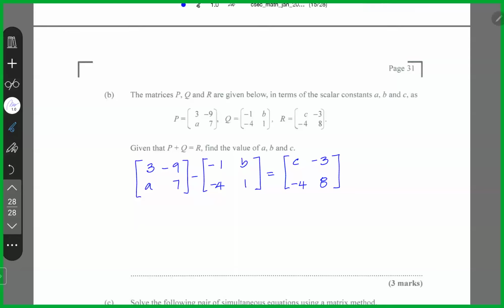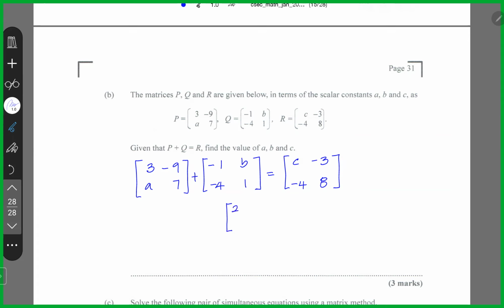So what we have to do is add the two matrices on the left. Now we add two matrices by adding corresponding elements. So 3 minus minus 1 is 4. I just subtracted, sorry, it's add, so this is wrong. So 3 plus minus 1 is 2.